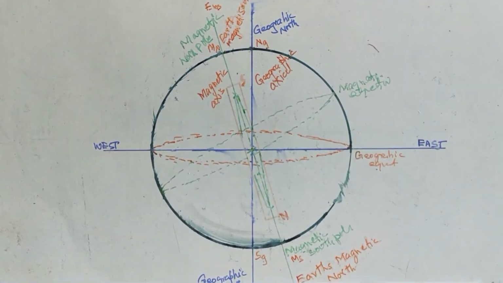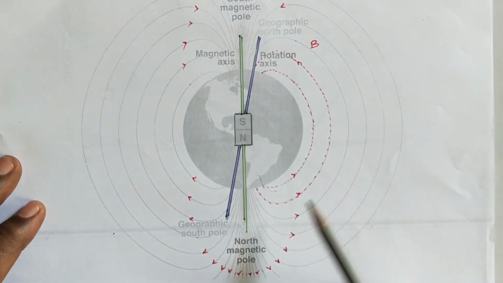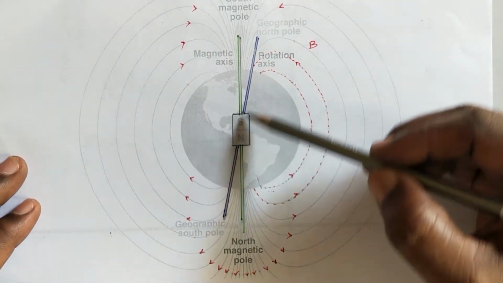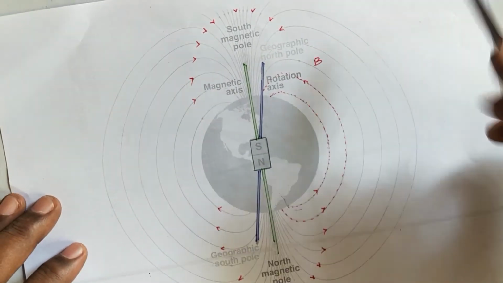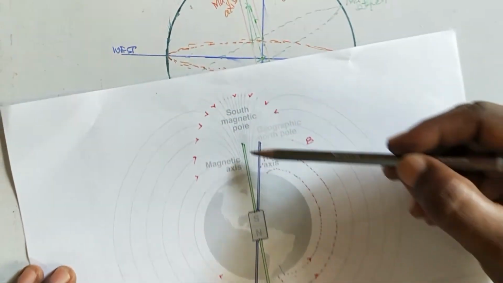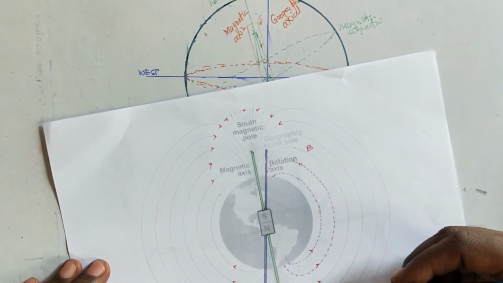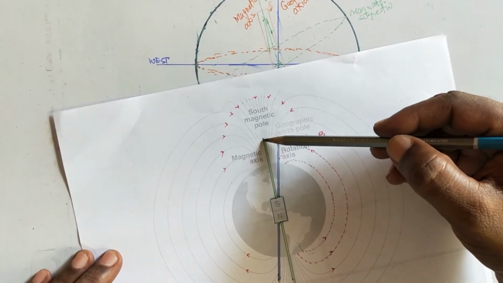From this picture it will be clear. The blue one which I am showing here is the geometric north pole. The green one is the magnetic pole, magnetic north, and this is the magnetic south.